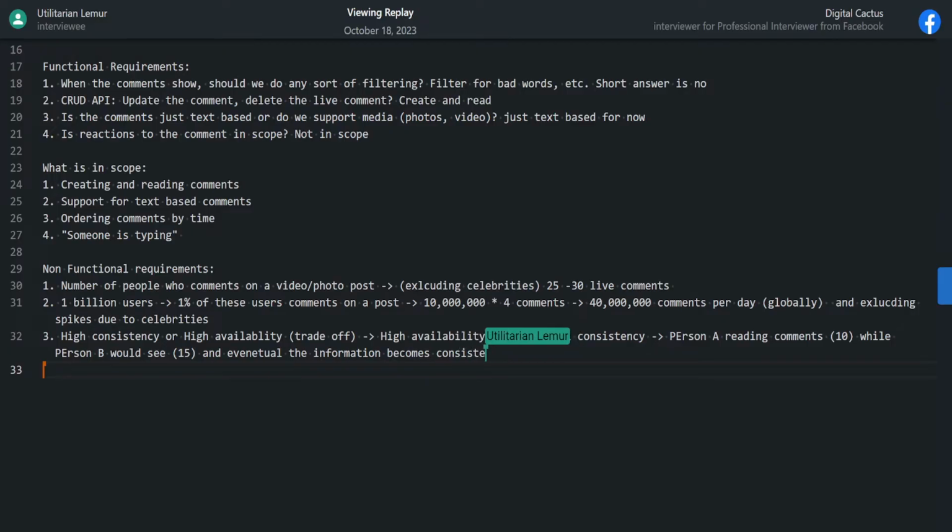That product experience would be better, at least the way that I'm thinking about this. Having the ability for a person to see all the comments and then eventually catching up to consistency across different sets of users would be a better experience versus enforcing consistency, because as soon as someone loads a photo, it's a better experience to just show the comments as much as possible.